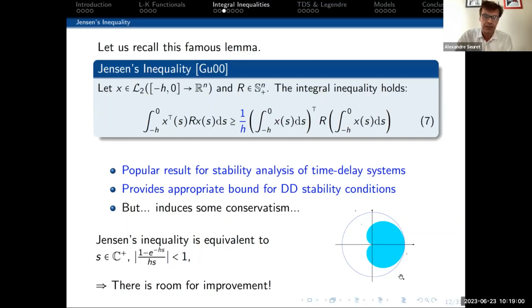So when you ask for an LMI resulting from the application of Jensen inequality, you are guaranteeing the stability of the system when the uncertainty is inside this blue area, but also outside it, inside the circle, which means that there is room for improvement, and this is what I will show you afterwards.